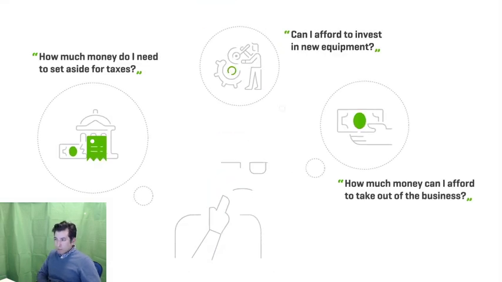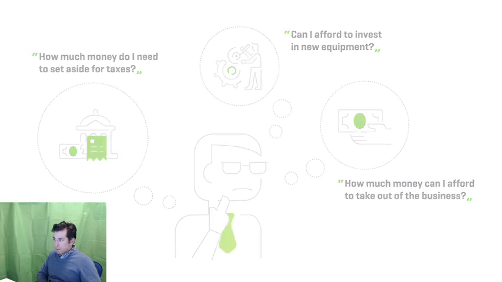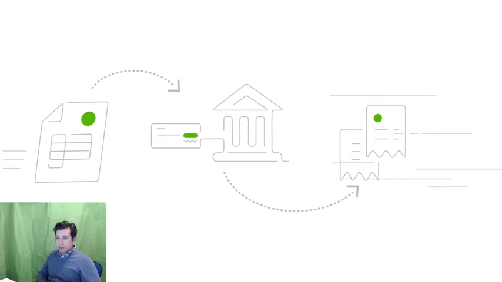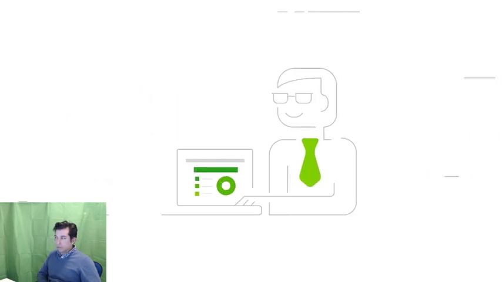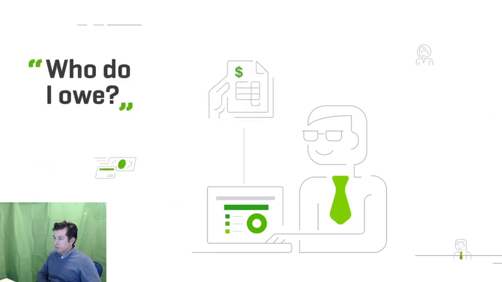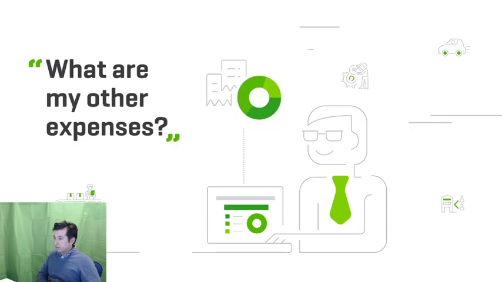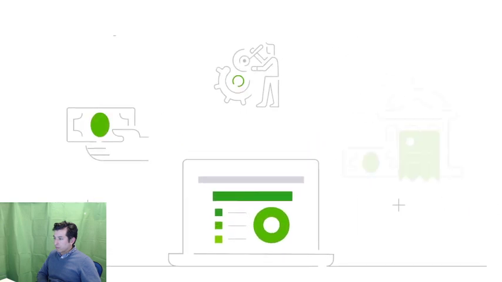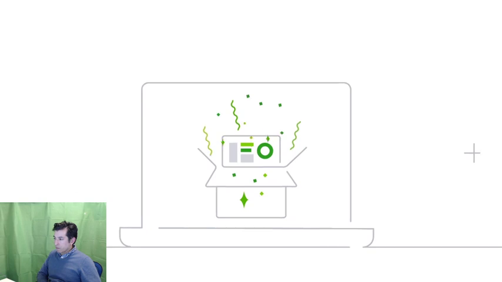Clients have many concerns and need to make many choices. By following the right workflows from beginning to end, you will have the right data to make the right decisions. How much did I earn? Who did I owe? What are my other expenses? Gathering the right figures allows you to make the right decisions for your clients' books.